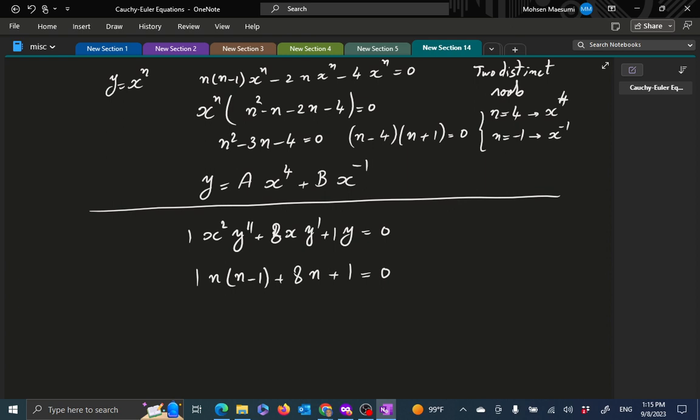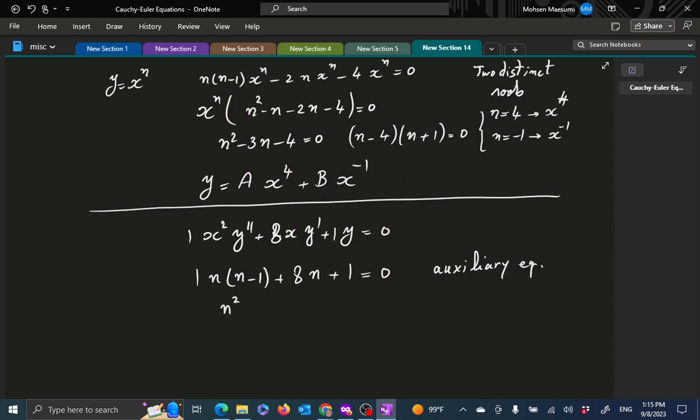This is our auxiliary equation or characteristic equation. They give various names to that type of equation, a standard way of naming things associated with what we are doing.